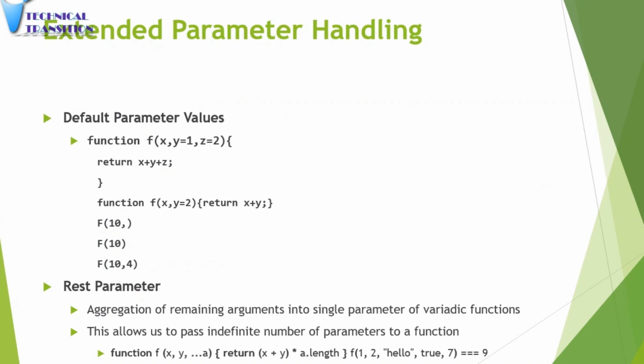Moving to the next part, rest parameter. What is a rest parameter? A rest parameter is a kind of aggregation of remaining arguments into a single parameter of a function. This allows us to pass an indefinite number of parameters to a function.